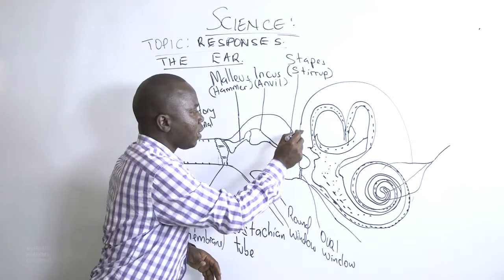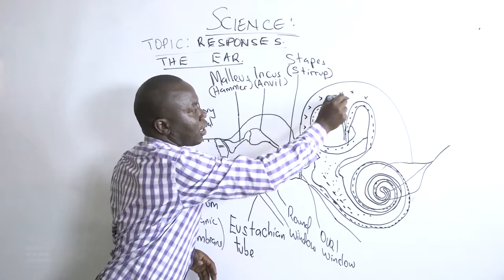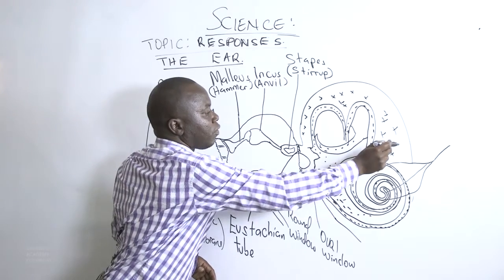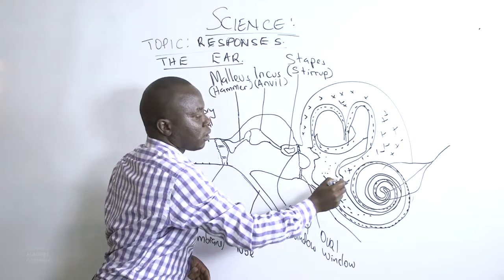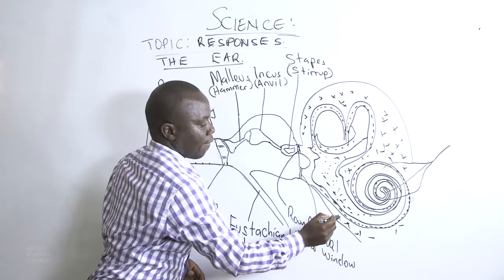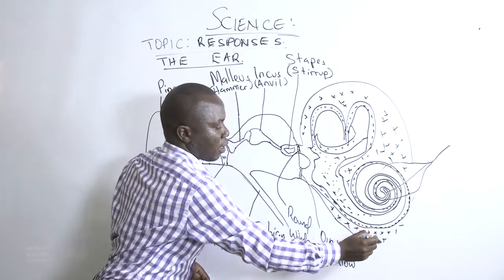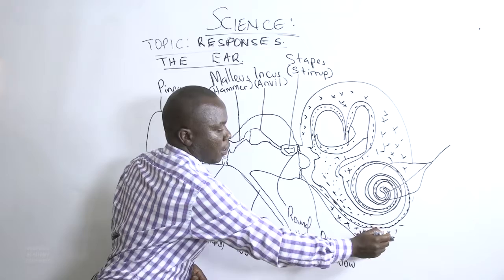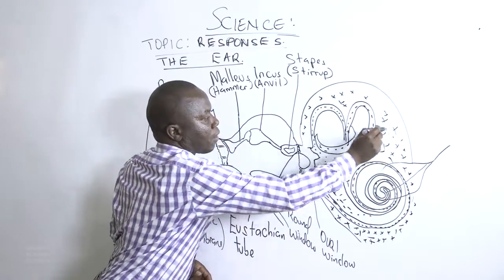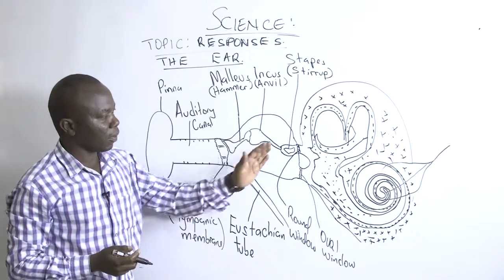This area is a labyrinth filled with two types of fluids. So we have a fluid called the perilymph and endolymph.